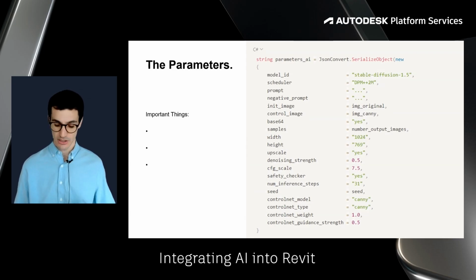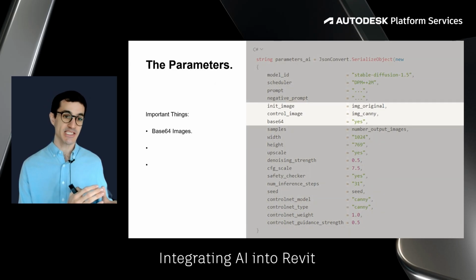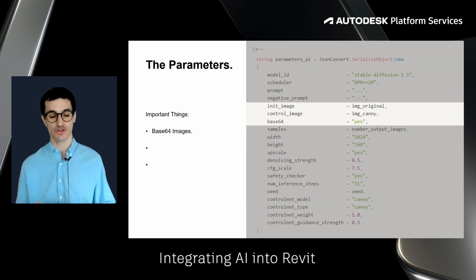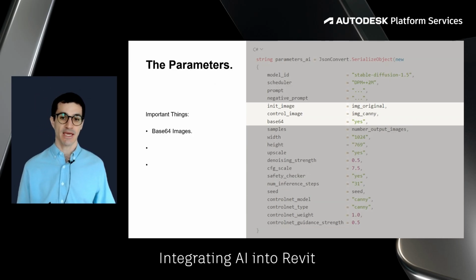The first concept is base64 images. The images extracted in the previous section, the conceptual image and the initial image, needed to be provided to the AI, and there are different ways to do that.